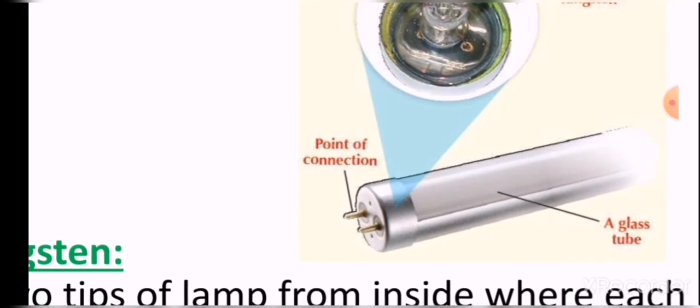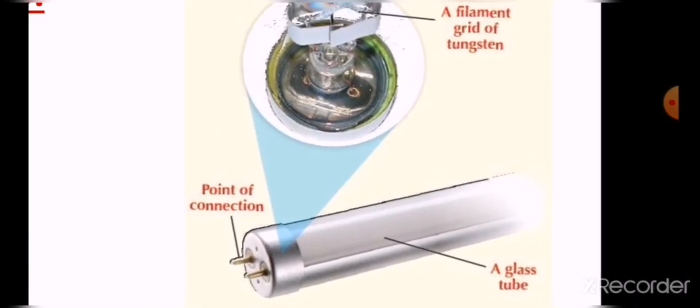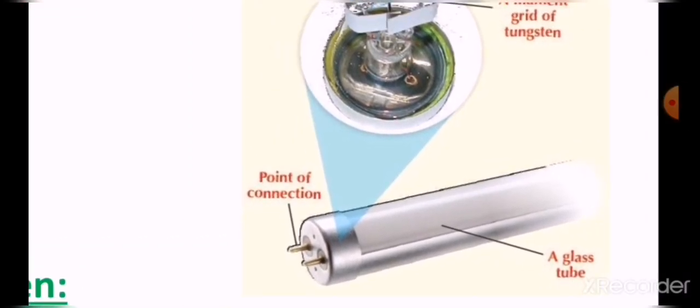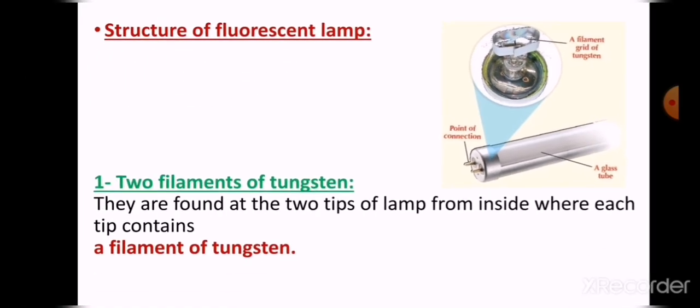So here is a filament of tungsten, and on the other side is a filament of tungsten, from inside. Okay?